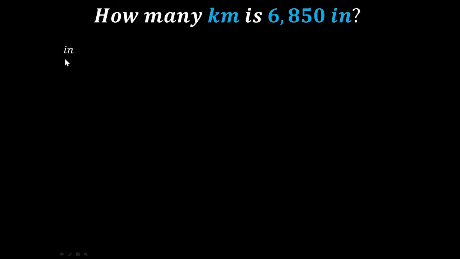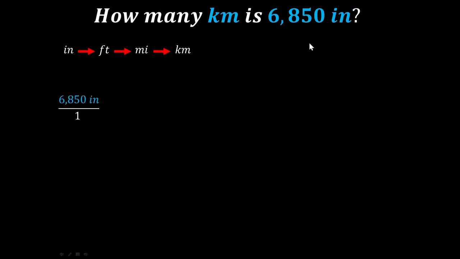Inches, I can turn into feet, because I know there's 12 inches in a foot. I can turn feet into miles. There's 5,280 feet in a mile. And then I can convert miles into kilometers. There's 1.609 kilometers in a mile.